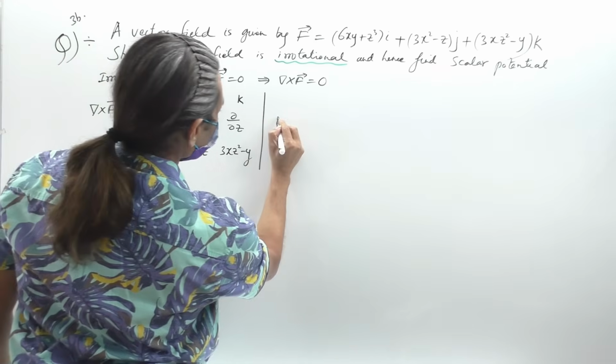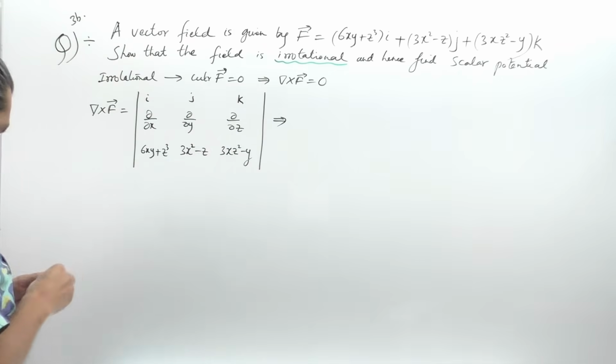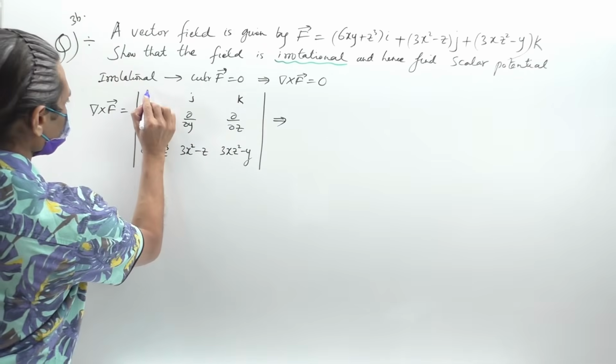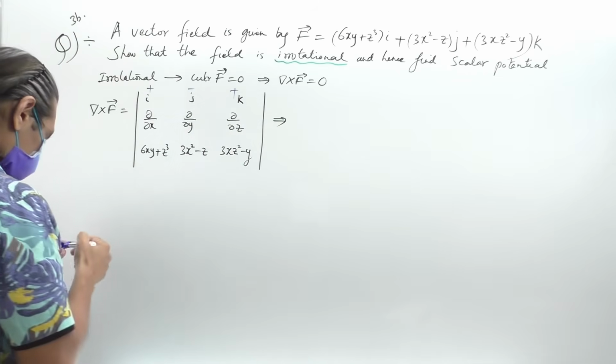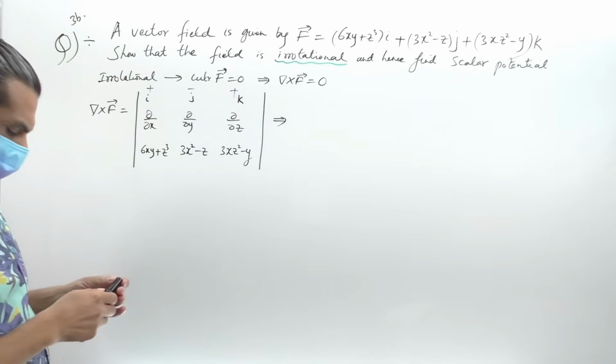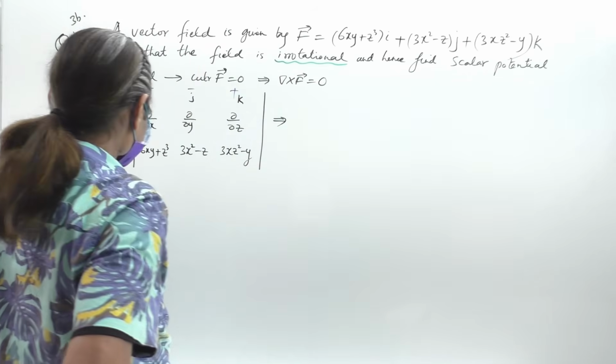Now, as you know, how do we solve this determinant? We take the signs as plus, minus, and plus. So let's solve this now. Pay close attention here. Very important problem.